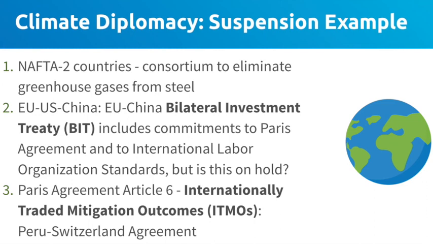So Article 6 in the Paris Agreement is still being worked out, but interestingly enough, Peru and Switzerland are at the forefront of pioneering an agreement as to how those ITMOs might work out. Switzerland is not part of the EU, by the way. And so you can see you've got a non-material trade going on between Peru and Switzerland, i.e. a mitigation outcome.